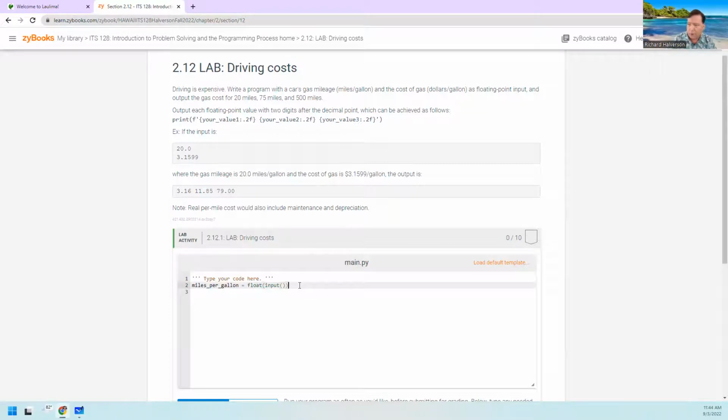Now when that input comes in, it gets converted to a floating point number and stored in this variable as an object.